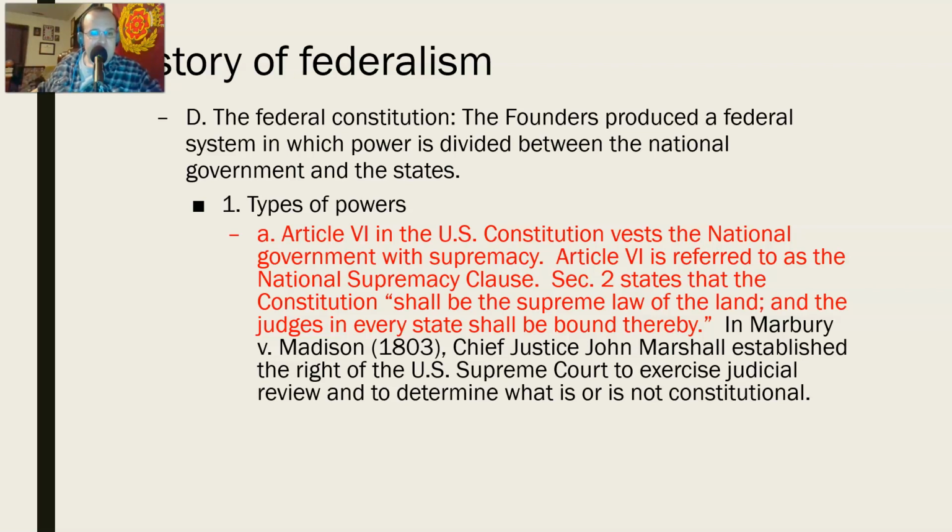It gives the national government, as the name says, supremacy over the states, over the municipalities, rather. Section 2 says the Constitution shall be the supreme law of the land, and the judges in every state shall be bound thereby. So the Constitution is above state law, above your town charter, whatever it is that you care to name.